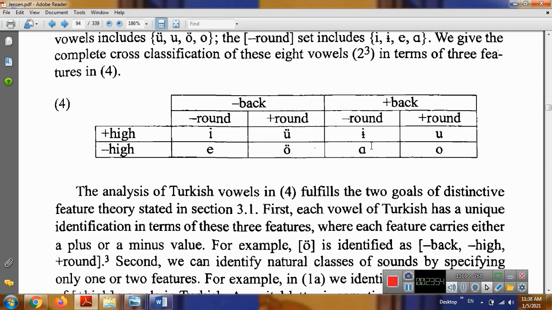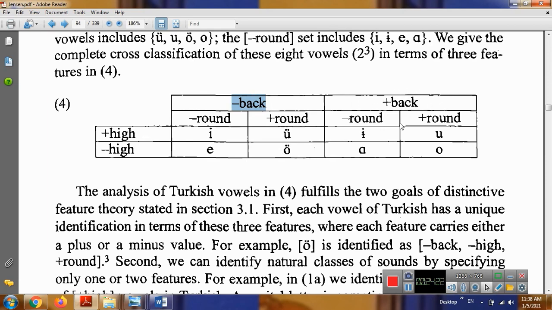Instead of mentioning all four vowels, I just write plus high or minus high. To say these four vowels, it is enough to write minus back. By minus back I mean these four vowels in Turkish.